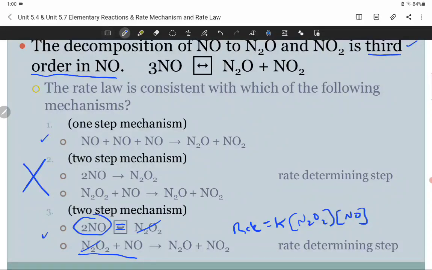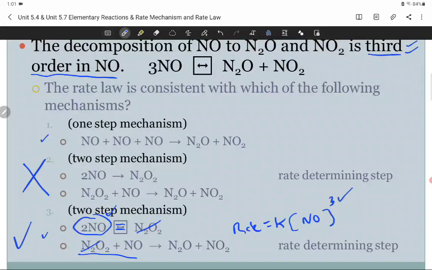But we're going to substitute that in there because of that. And to simplify that, NO to the second times NO to the first is NO to the third. Third order, third order.